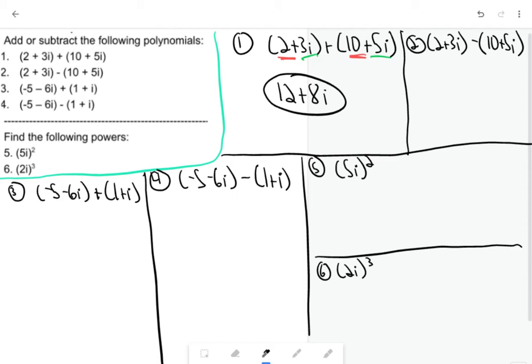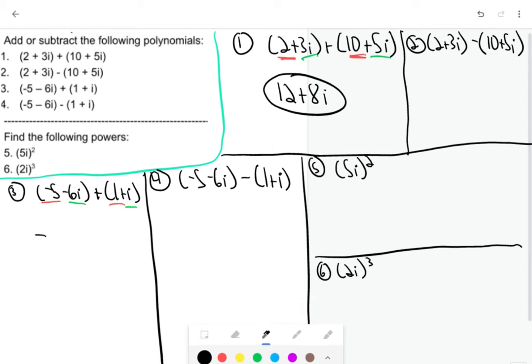I'm going to jump ahead to number 3, and I'm going to do the same thing. We have two complex numbers that we're going to add by combining like terms. So for the real numbers, I have -5 and +1.